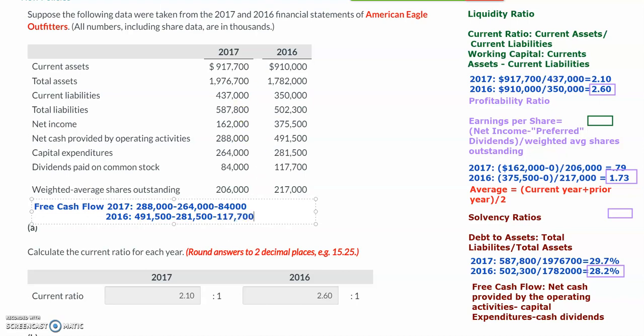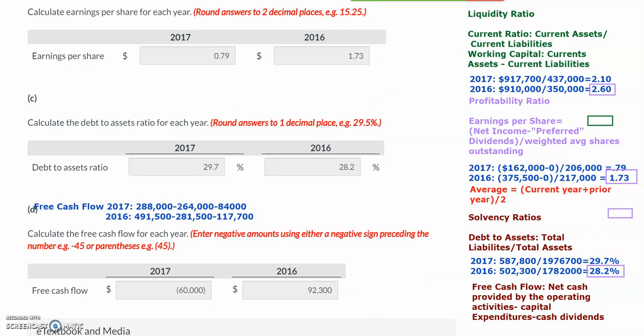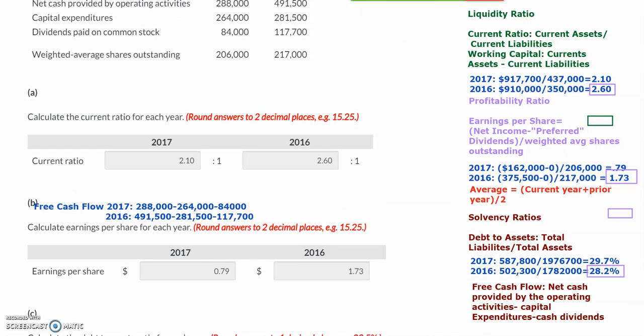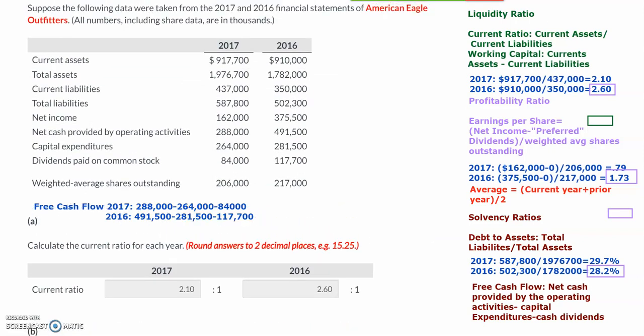And after you do the math, you want to notice that for the free cash flow, a higher number is better. So negative 60,000 compared to 92,600. So just notice that having a higher number is better. So our 2016 number is better.